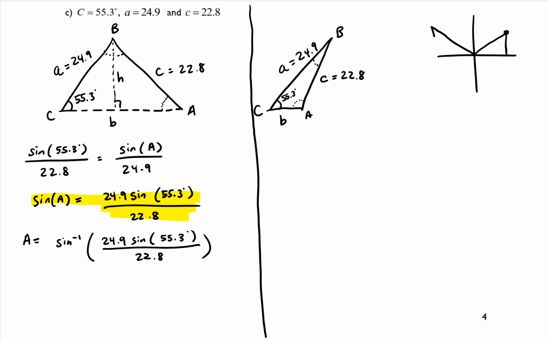But if you reflect it over the y-axis, there's also going to be an obtuse angle in quadrant 2 that's also going to give that sine value. So we have to think about that later to think about this second angle A. So we'll approach that in a little bit. Let's go ahead and throw this into our calculator.